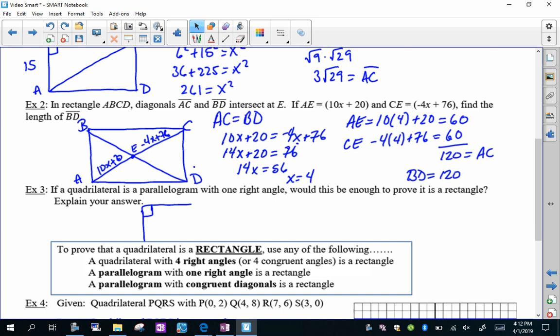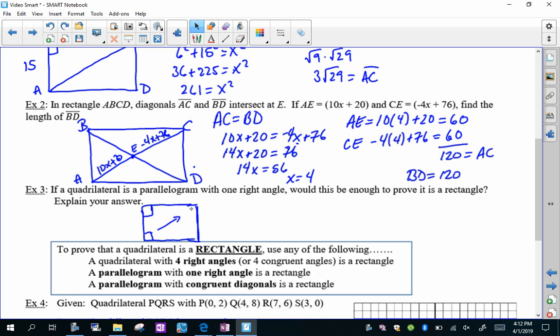Well, if it's a parallelogram, we know that the opposite sides are congruent. And if it's a parallelogram, we know that consecutive angles are supplementary. So if this angle here is 90, well, that has to be 90. And if it's a parallelogram, we know that opposite angles are congruent.